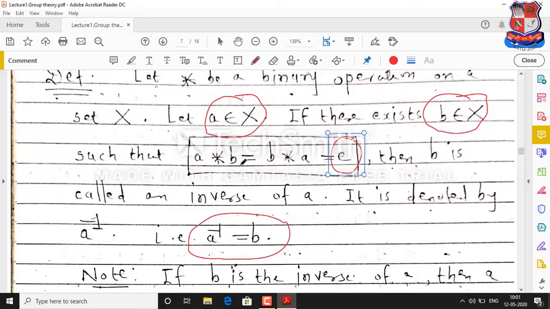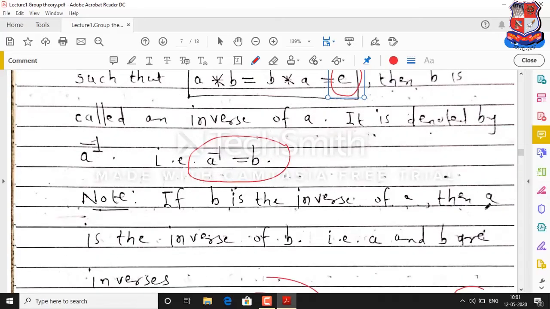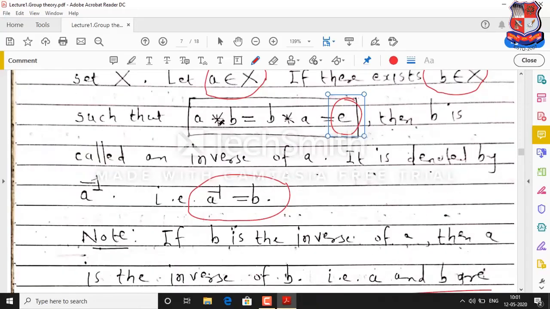Okay, B is called an inverse of A if A star B equal to B star A equal to identity, and if B is inverse of A, then A is the inverse of B. So A and B are inverses if A star B equal to B star A equal to E.